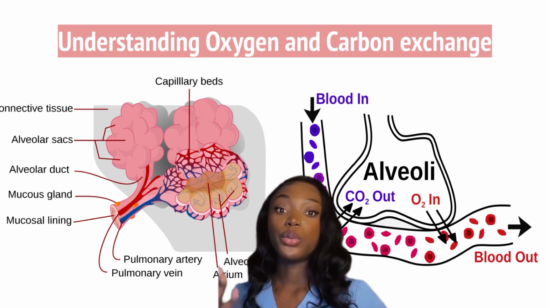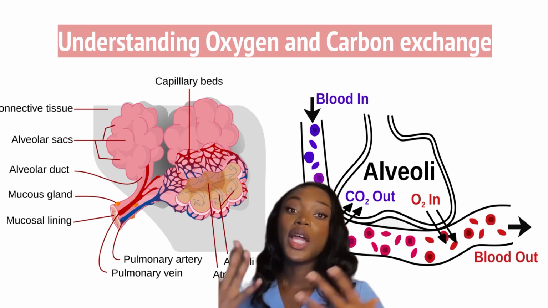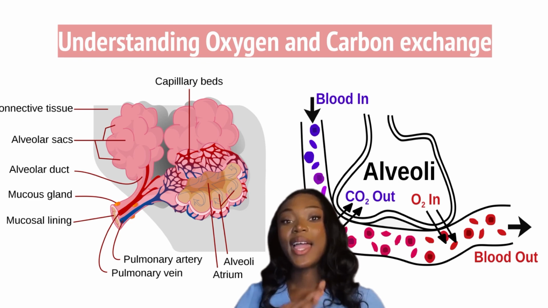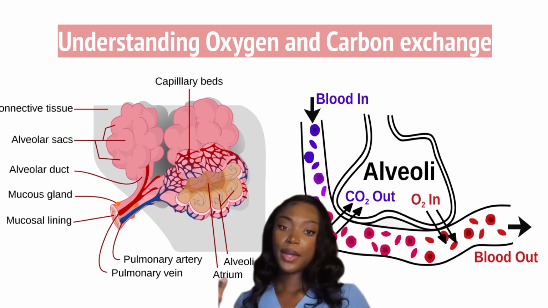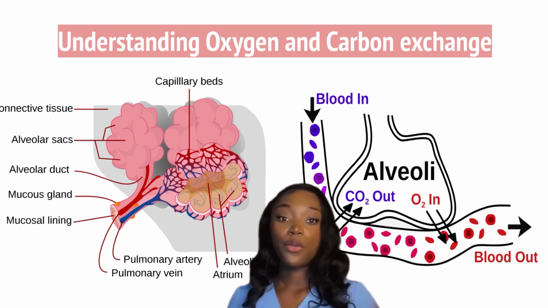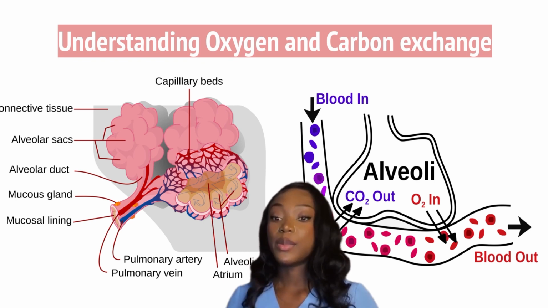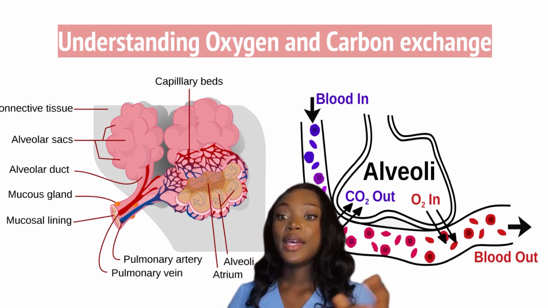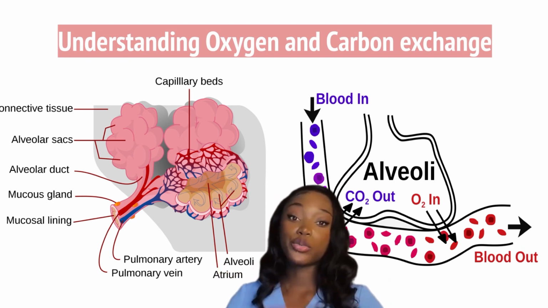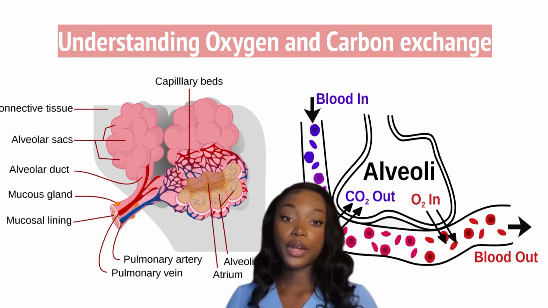It's really important that you remember how they look, because maybe they will ask you about this, but not only that, it's important that you understand how it's structured so that you understand how oxygen and carbon dioxide are exchanged, how one is taken out of the body and the other is taken in, specifically in the blood. The capillaries are part of the circulatory or cardiovascular system.